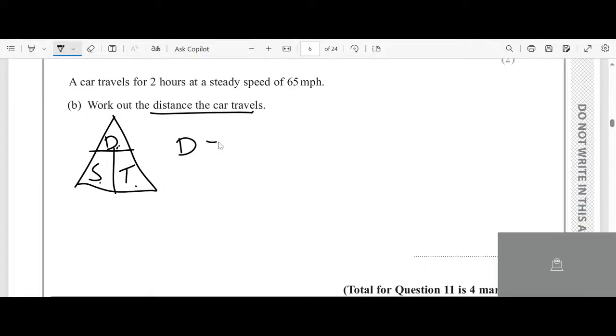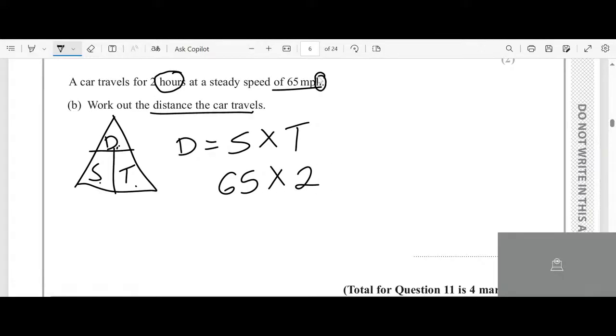Distance means you have to take the speed times the time. So the speed is 65 and the time is 2. Check the unit. It is 2 hours, so nothing to convert into hours. So you just have to multiply 65 by 2 to get 130 miles. 130 miles.